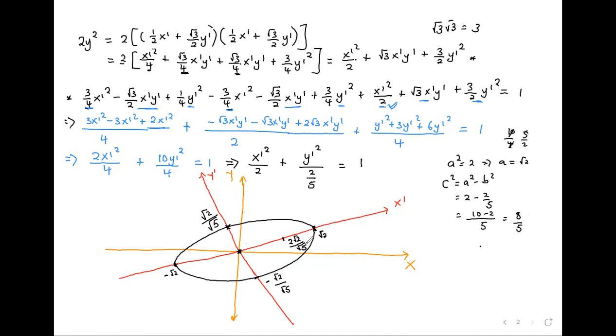Root 8 is the same as the root of 4 times 2, so it becomes 2 root 2. If you don't know this, you can just write root 8 over root 5. Then the other side, I will have the negative 2 root 2 over the root of 5. That is how this one comes out on the rotated axis.